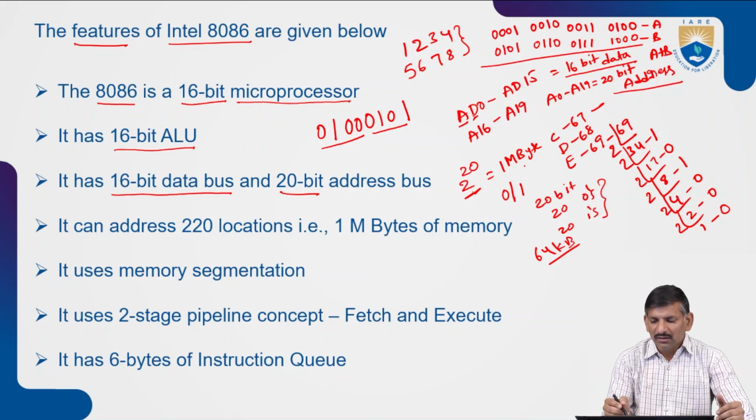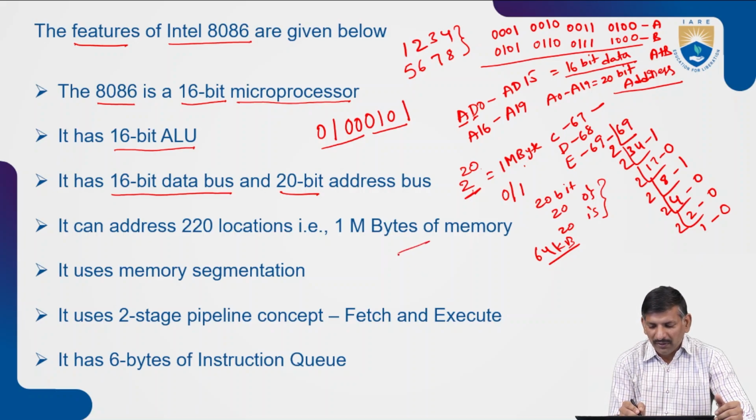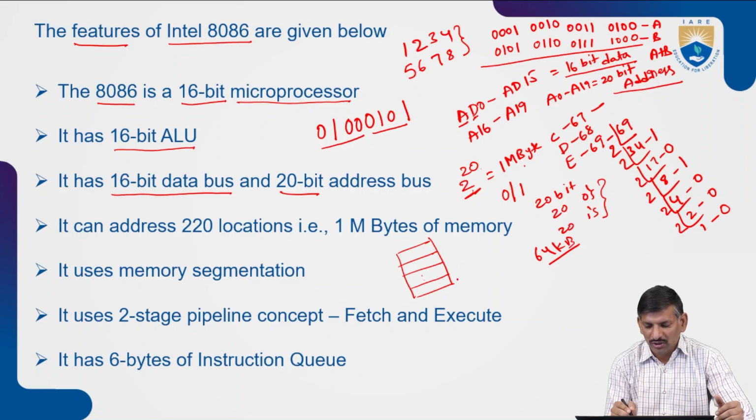It can generate 2 power 20 memory locations, that is 1 megabyte of memory. That 1 megabyte memory is divided into segments: 0th segment, first segment, and so on up to F. Total 16 segments. So each segment size is 64 kilobytes.